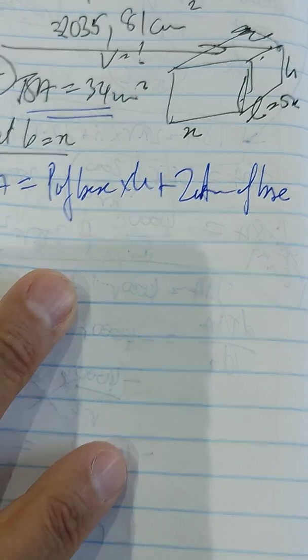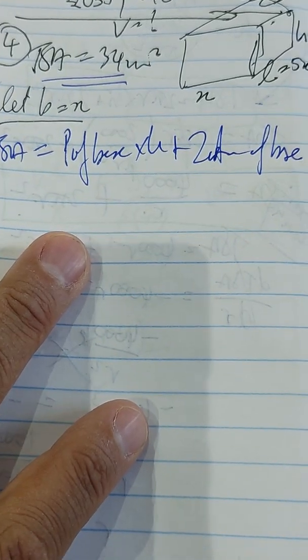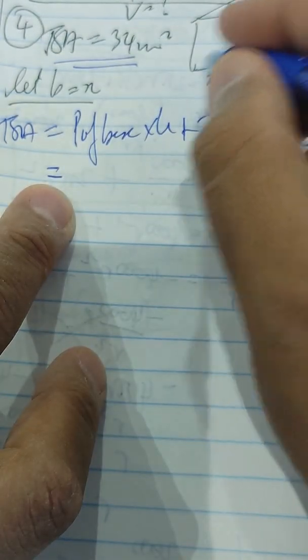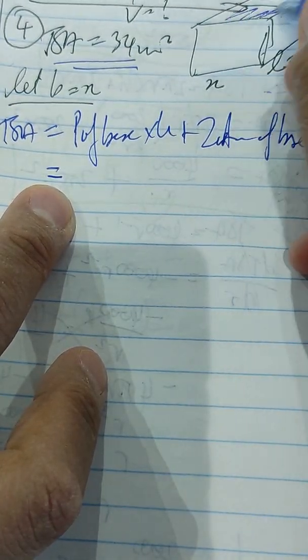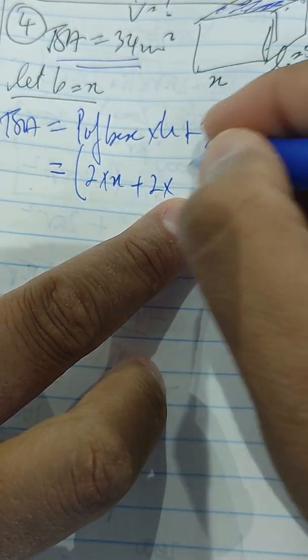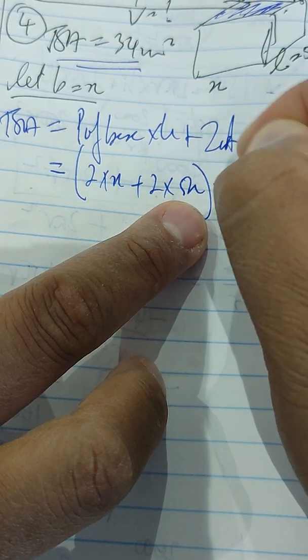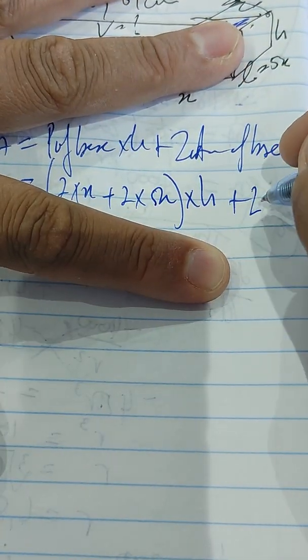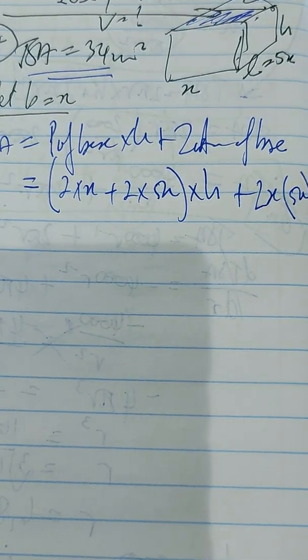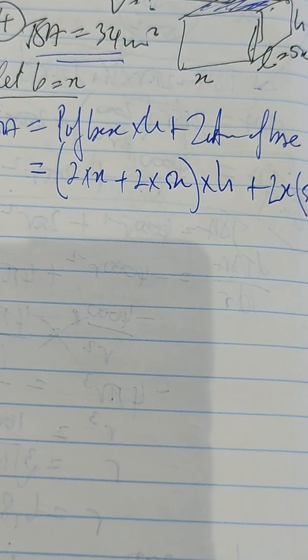This is a rectangular base, so it's going to be 2 length plus 2 breadth, times height, plus twice area of base, which is 2 length times breadth. We'll carry on in the next video.